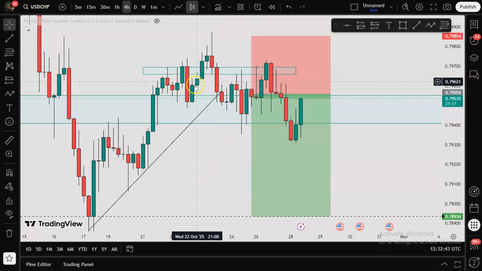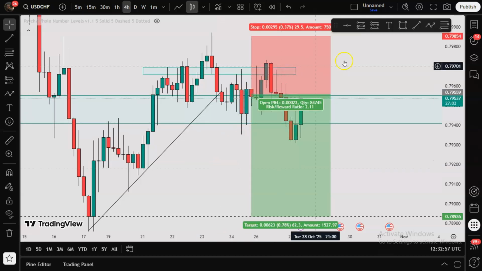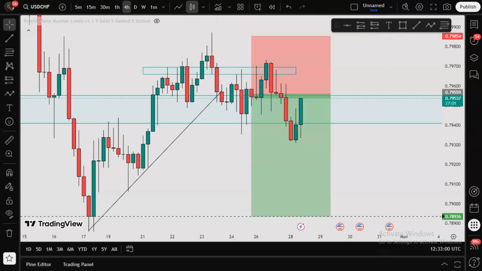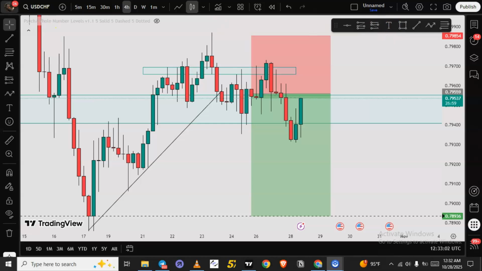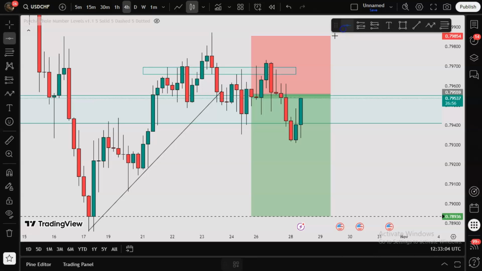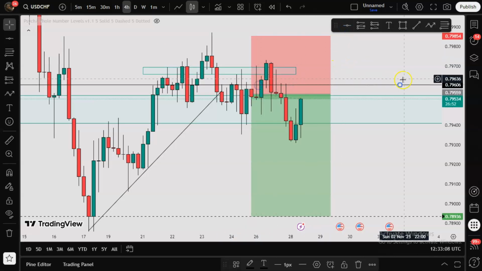So as you can see, it was doing higher highs and then broke this low over here, and then we shifted bearish over here. So what did I wait for? I waited for this 4-hour candle over here to create a low, and then refuse to take out this high over here.